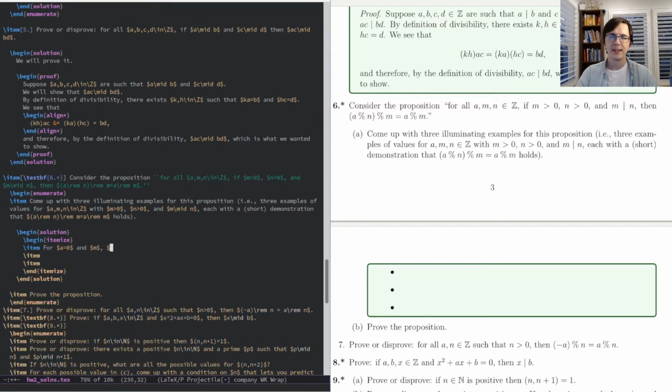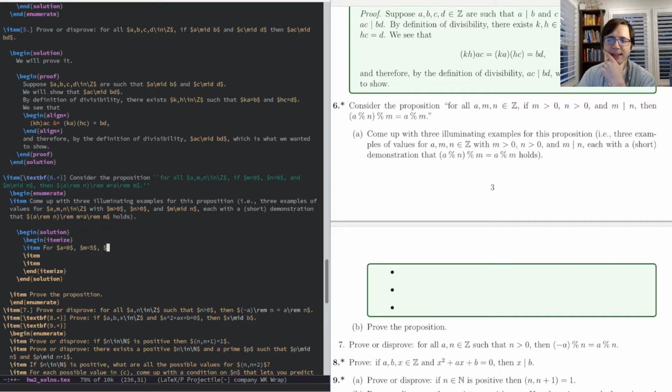I guess for an illuminating example, we probably want m and n to be some concrete numbers too. So I'll just choose some numbers. I just want to be illuminating.